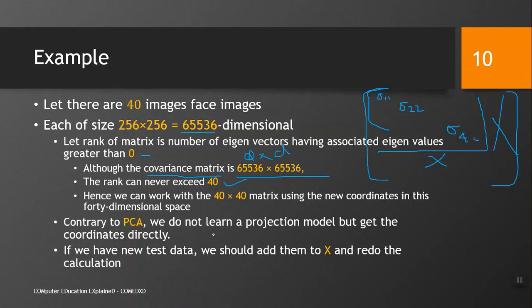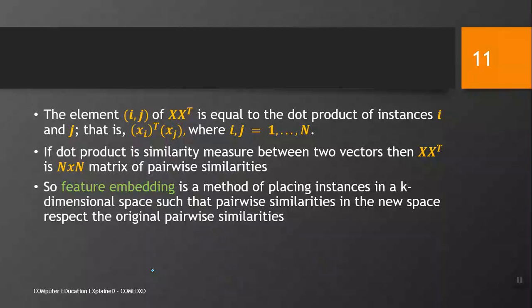Contrary to PCA, we do not learn a projection model but get the coordinates directly in the new dimension space. If we have new test data, we should add them to X and redo the calculation again. The element ij of this new covariance matrix is equal to the dot product of instances i and j, that is Xi transpose Xj.